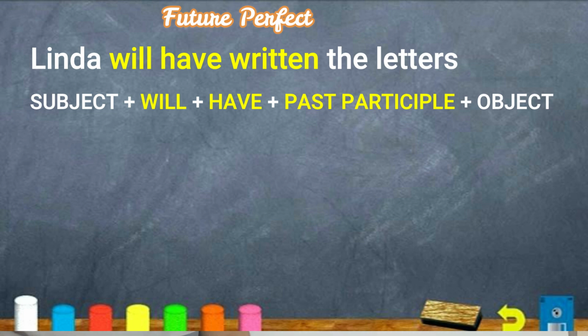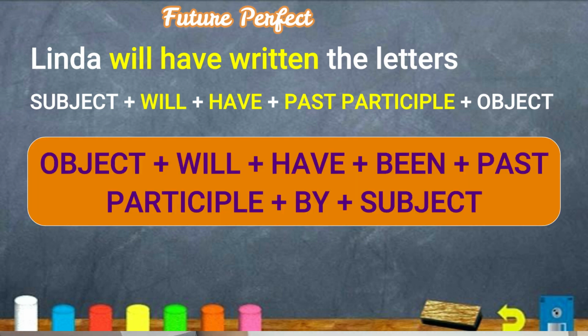And then we need the object, which is the letters. We take the object and we put the modal verb will plus have, and this have never takes any other form. Have always stays have because there is a modal verb will before.